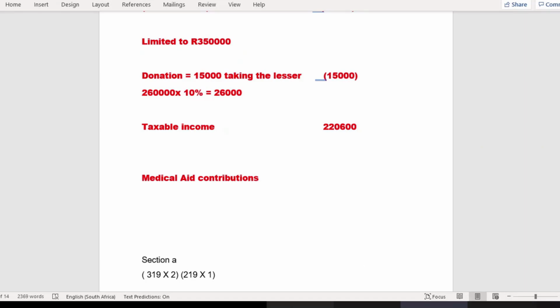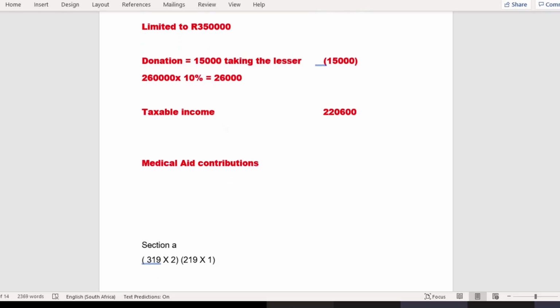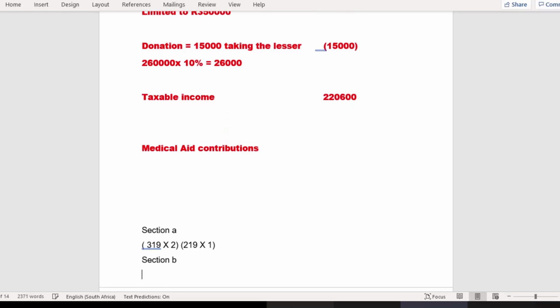Okay, and after getting the MTC, the next step would be section B, which is calculating additional medical expenses.